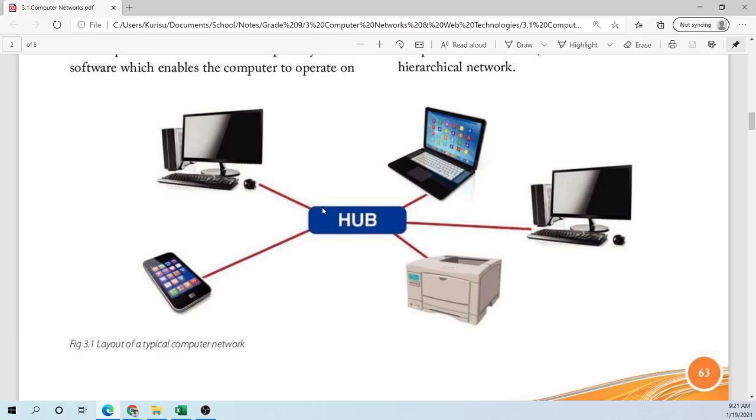What you have at home, you have a router. And as I would have explained last week, the router that you have at home is made up of the device called a switch. So the switch and the router is built into one.